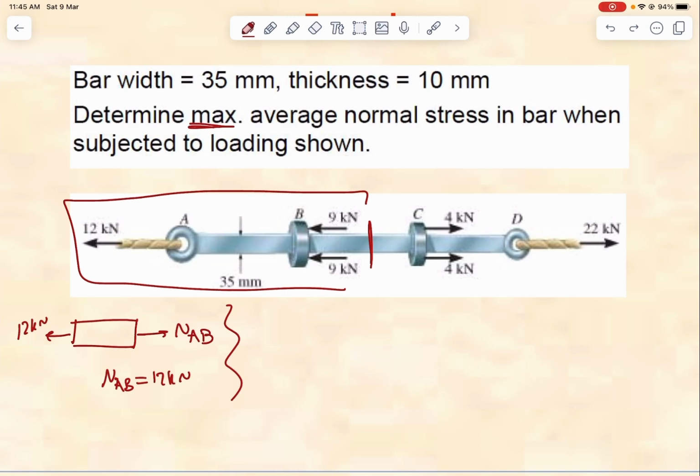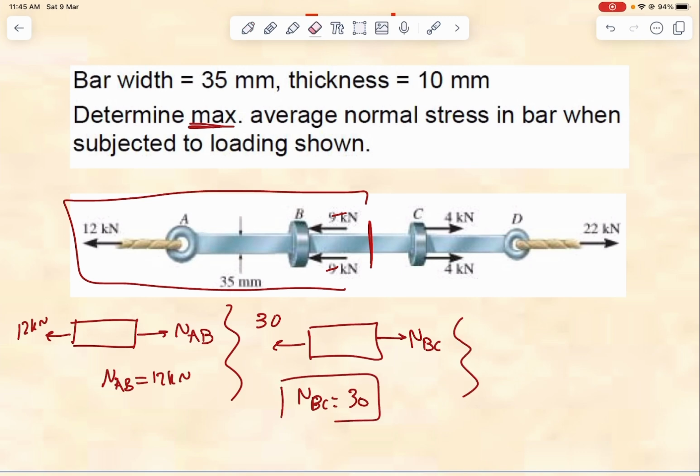So here I will have 12 plus 9 plus 9, because all of them are in the same direction, so it's 30. And this one, NBC, is equal to 30.